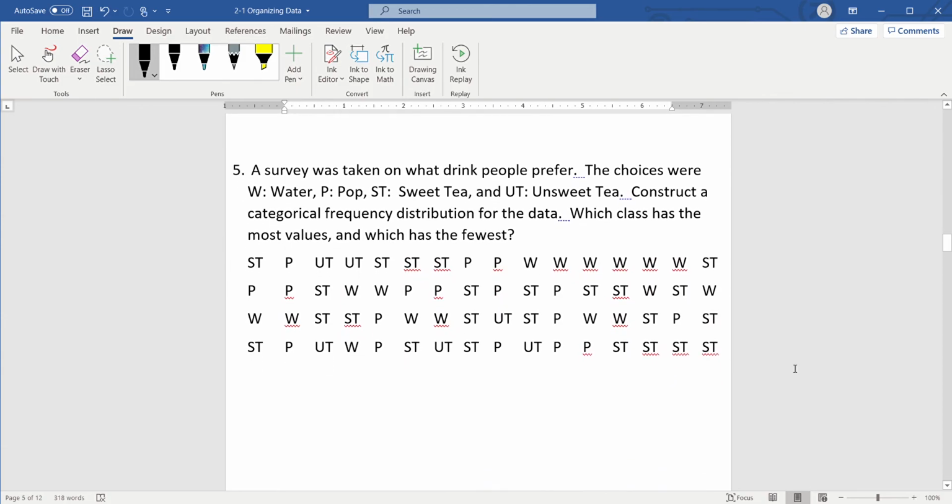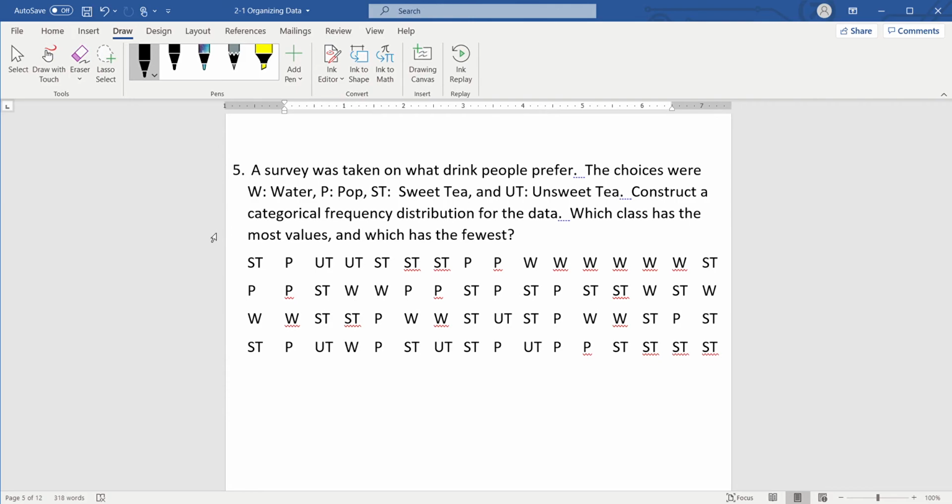Okay, so now this is going to be a categorical frequency distribution because all we have are categories, nothing else. So we don't have to list anything from small to big because there are no numerical values. There is no finding class width because that's a numerical value.